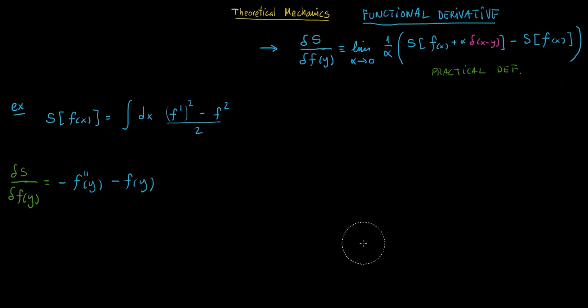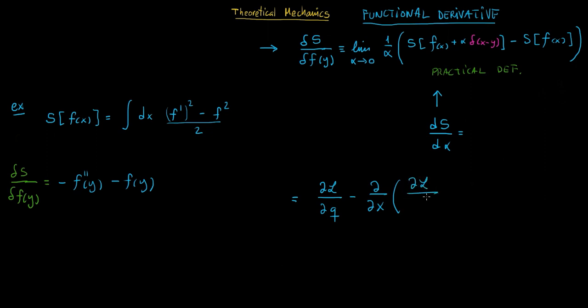So let's see if it works, remembering that with Santi you saw that when you perform the derivative with respect to alpha, this must be the partial derivative of the Lagrangian with respect to q minus the partial derivative with respect to x of the partial derivative with respect to q prime. This is the functional derivative.